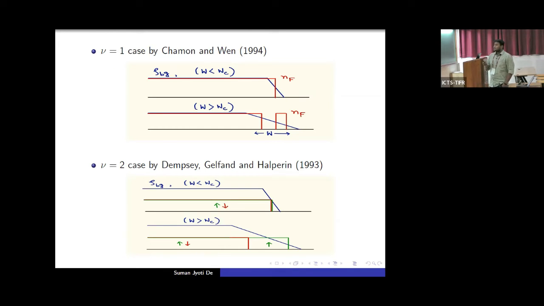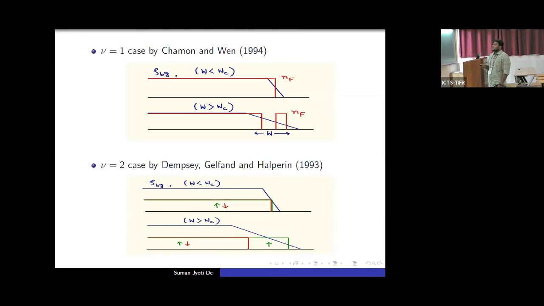First is the nu equal to 1 case, which has been seen by Chamon and Wen back in 1994. What they found is that you put a background charge density that neutralizes the electron density in the bulk. For a very sharp background density, if you do the Hartree-Fock theory or exact diagonalization with a small number of electrons, you find that the electron occupation just goes from 1 to 0.